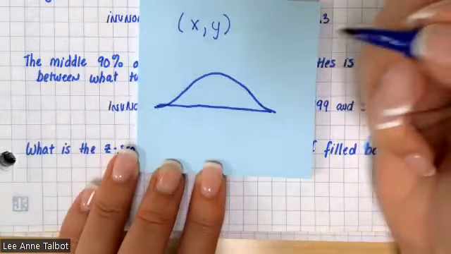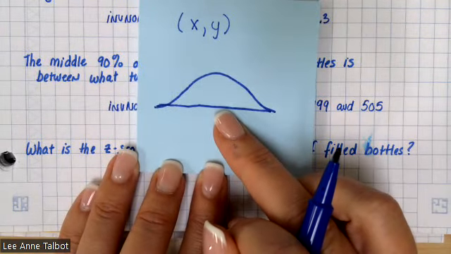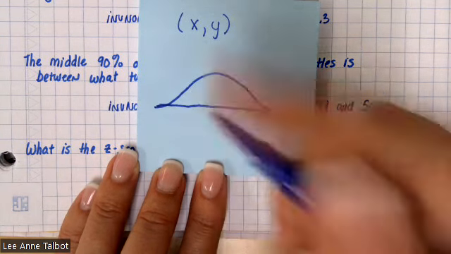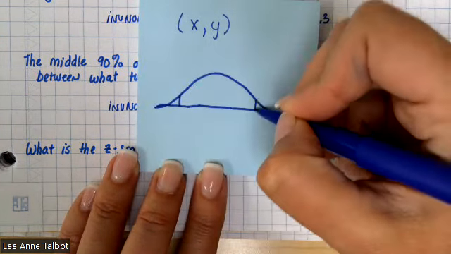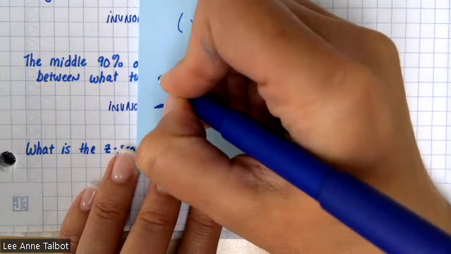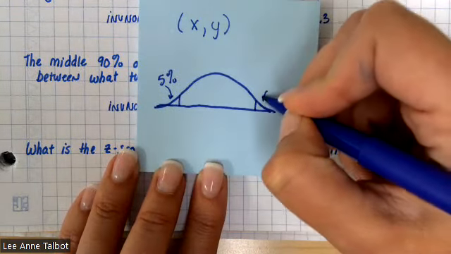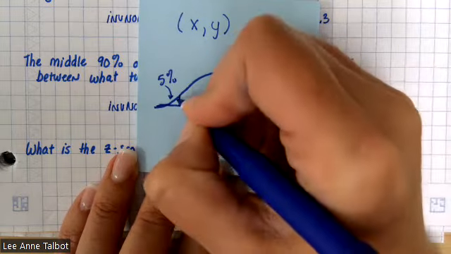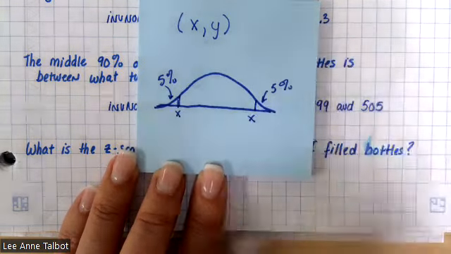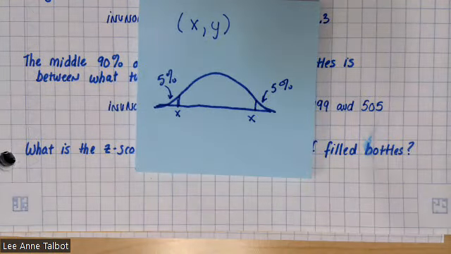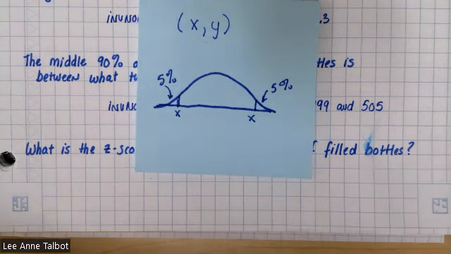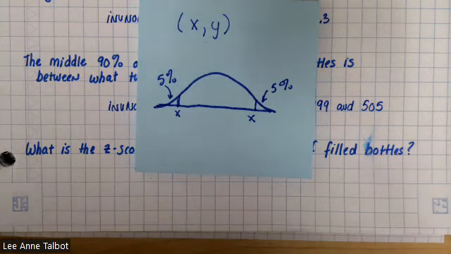Okay, so 100% minus 90% divided by 2 is 5% here, 5% here, but aren't there two answers because it's asking you what two values form the middle 90%?